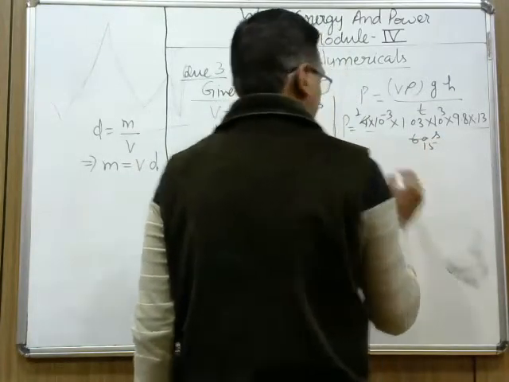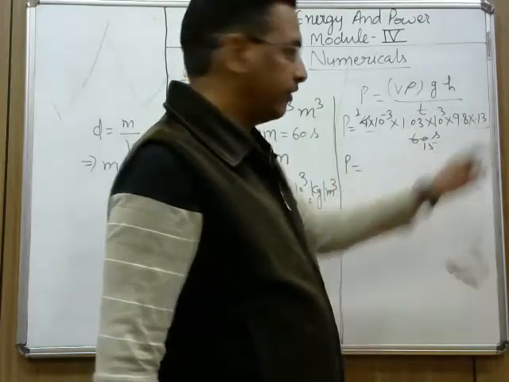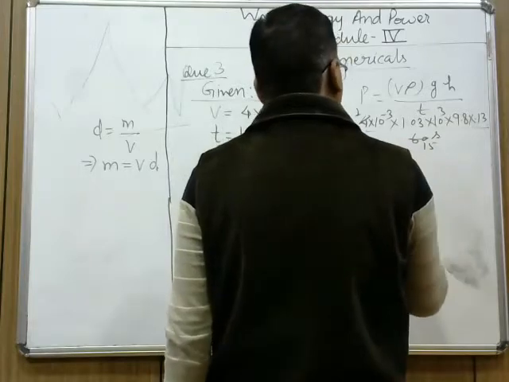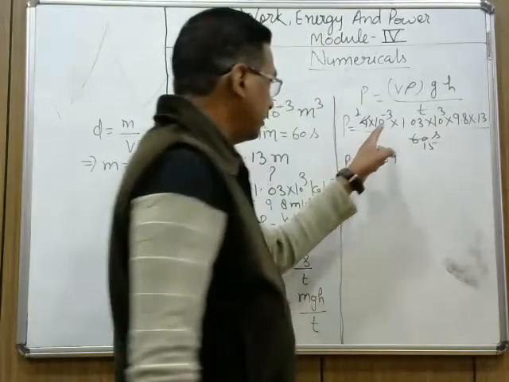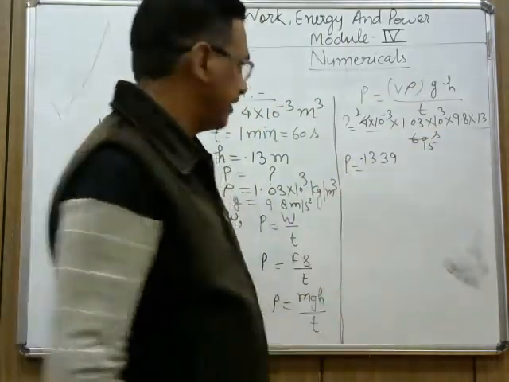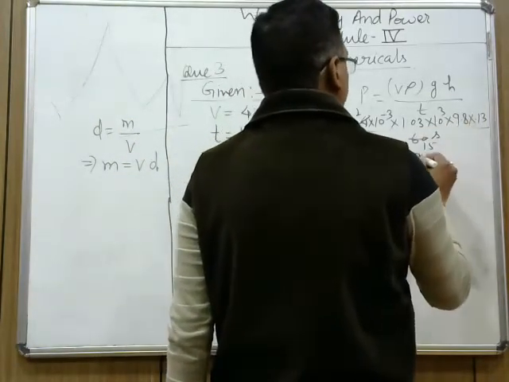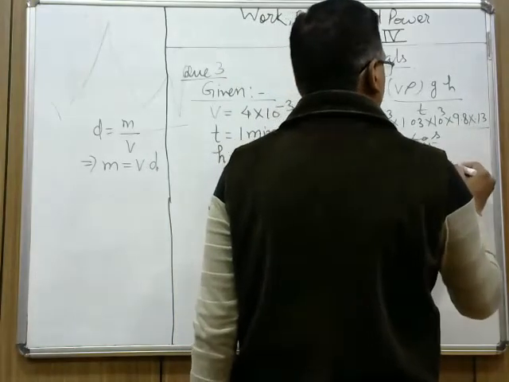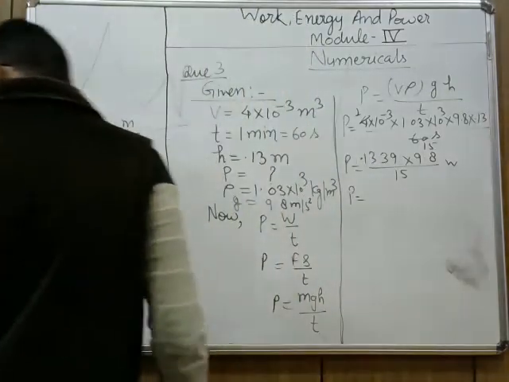Now P equals 1.03 multiplied by 0.13. 13 times 3 is 39, 13 times 1 is 13. Decimal after 2 and 2, 4 places. Now this 10 to the power minus 3 multiplied by 10 to the power 3 is 10 to the power 0, that is 1, into 9.8 upon 15 watt.